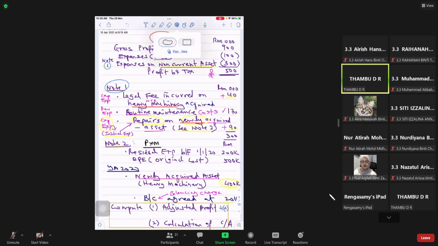You see, this is your income statement. Gross profit is given. Business expense, allow means nothing to do, zero. And then you have another expenses on non-current asset, 300. The analysis is given at the bottom in note 1.